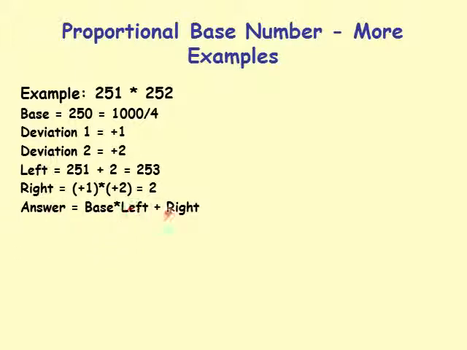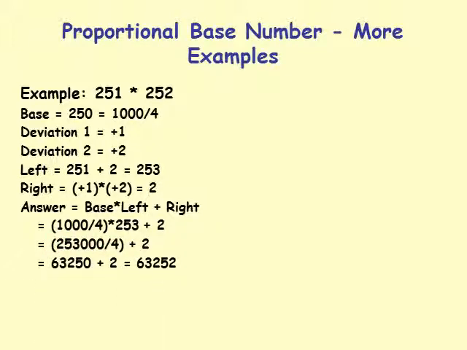We do base times left plus right. Base is 1000 divided by 4, times 253 plus 2, where 253 was the left. So that is 253,000 divided by 4 plus 2, which is 63250 plus 2 equals 63252.